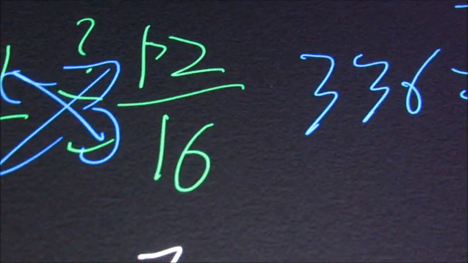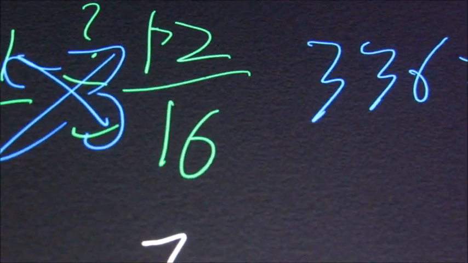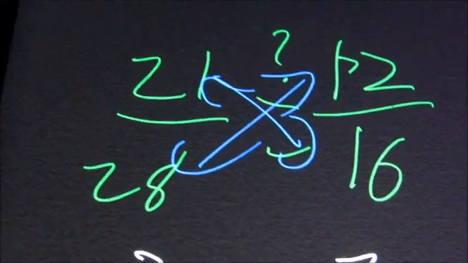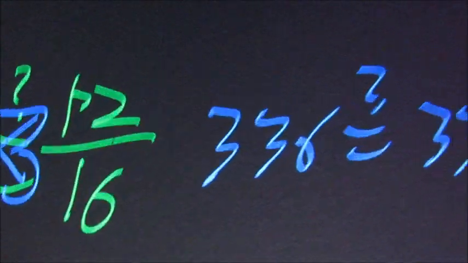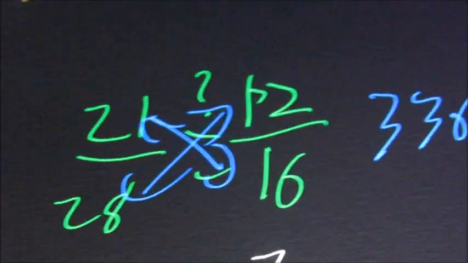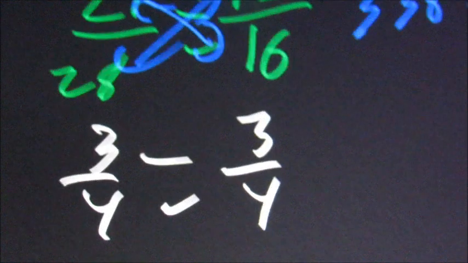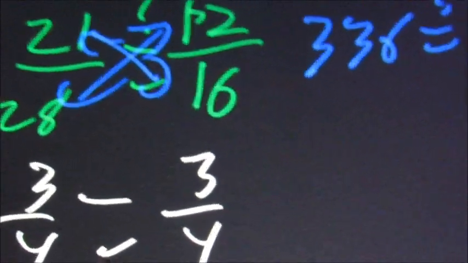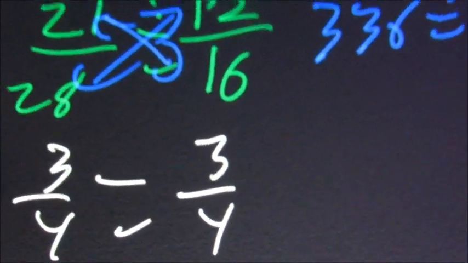And 12 times 28 also equals 336. So there are the two methods that you can use to see if the two ratios or proportions, however they're going to word it, are equivalent. Next, you're going to actually find what the equivalent is.